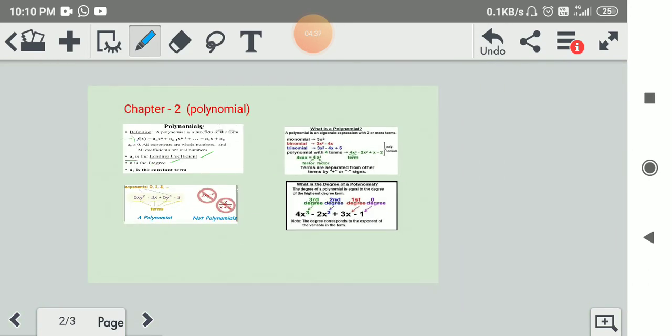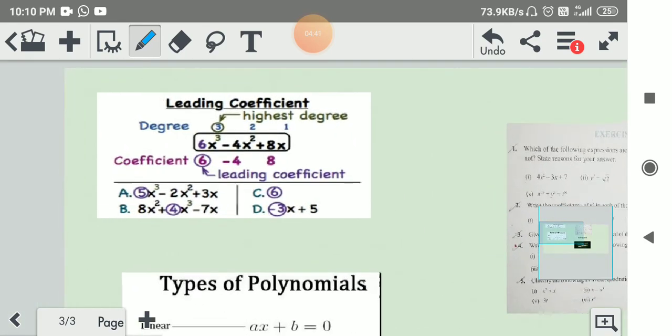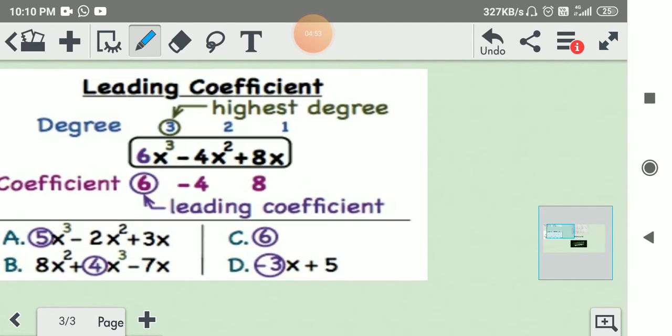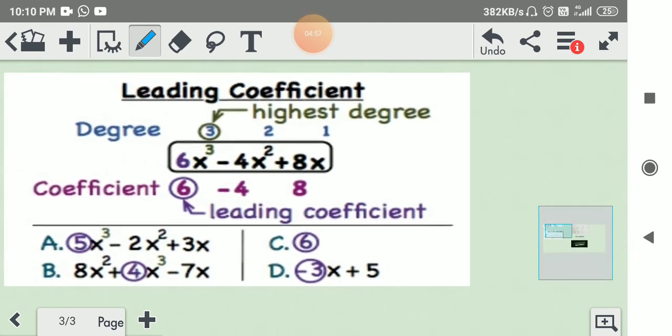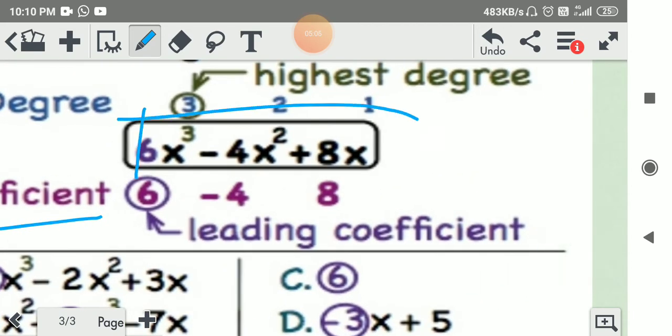Now coefficient. What is a coefficient? Coefficient means the numbers multiplied by x cube, x square and x. Those numbers multiplied by the variables are called coefficients. Suppose this equation is 6x cube minus 4x square plus 8x.